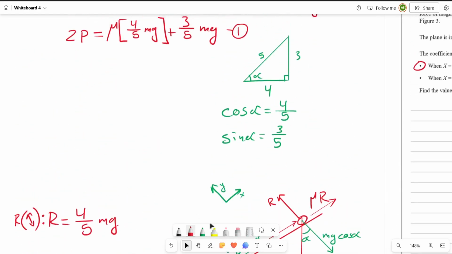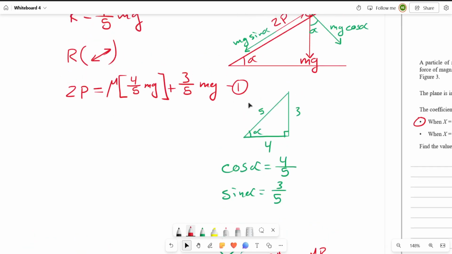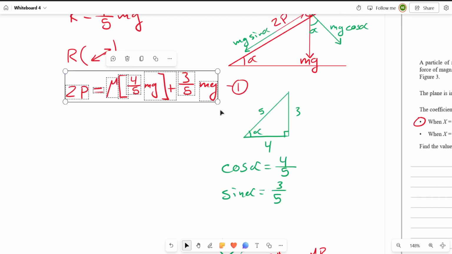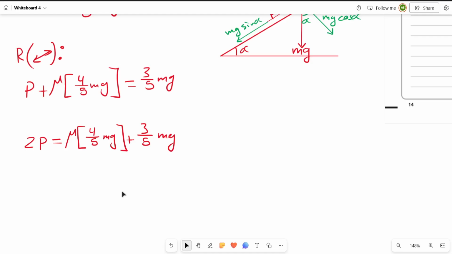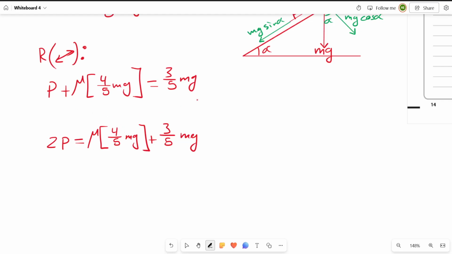Now, let me copy the first equation that I had over here and paste it down. Now I have two equations, with p and mu. Now I can use those two equations to solve for the unknown, which is mu. So straight away, I can see that I can rewrite this equation to p equals 3 over 5 mg minus 4 over 5 mu mg.